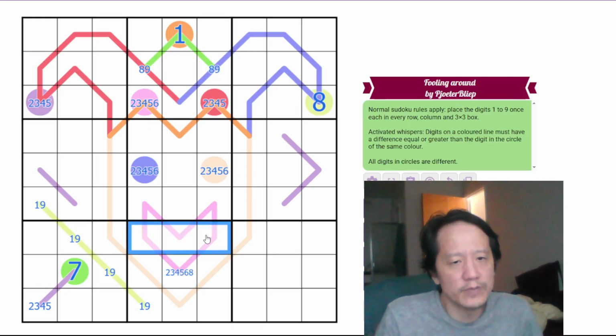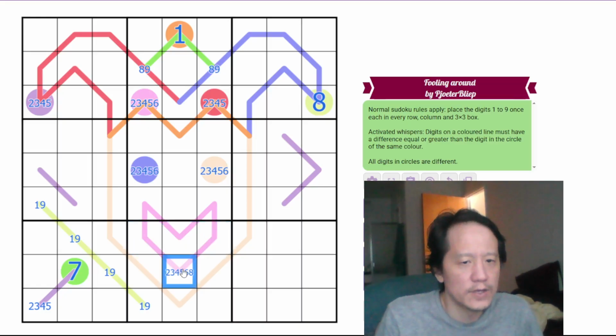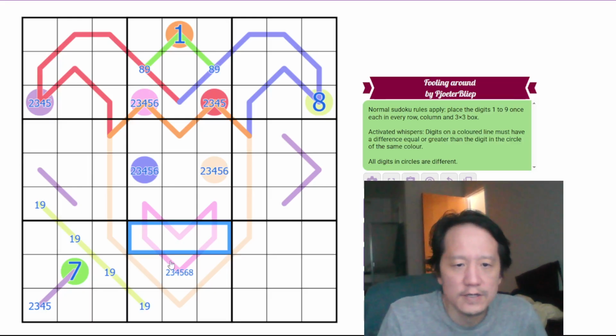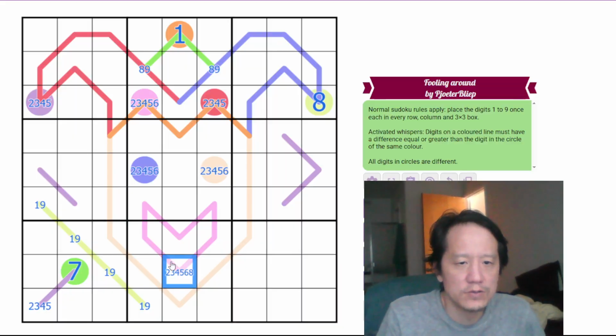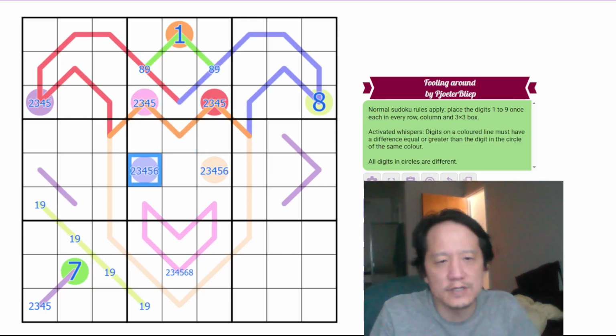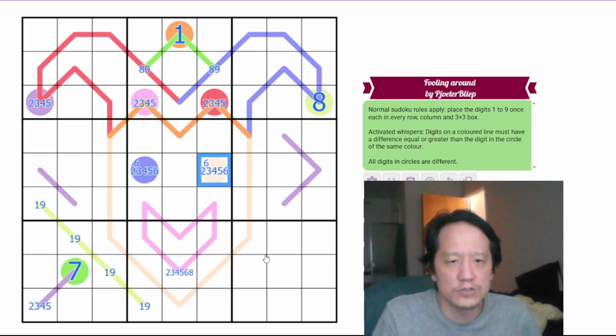Because of that, this can't be 3 digits that are the same set of low and high if you have a low and high split, and then the opposite digit there. So this cannot have a difference of 6. Well, that means 6 has to be either here or here. That's interesting.